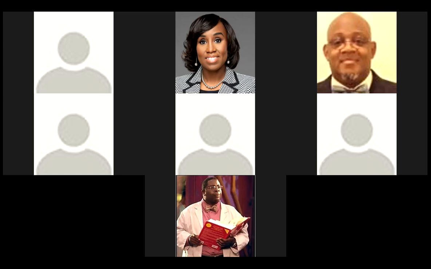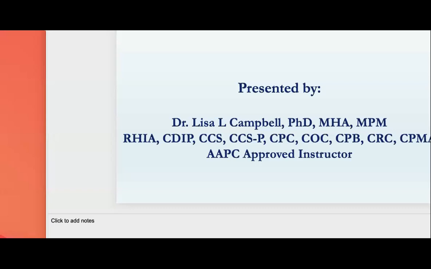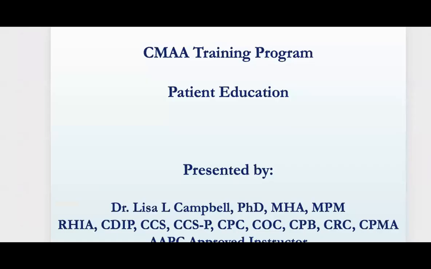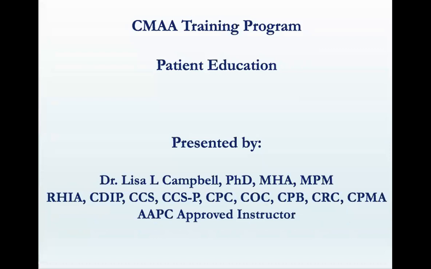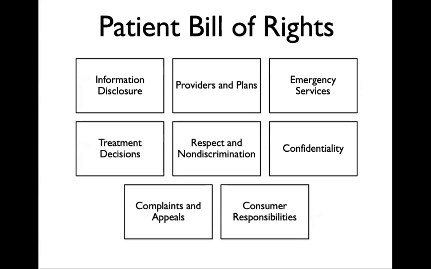And so President Clinton in 1998 came up with ways to ensure that patients are being treated fairly, equitably. And so he created the Patient Bill of Rights. So now this is probably not something that you are going to memorize, but you just need to be familiar with the fact that we have them and why. So when we talk about the Patient Bill of Rights, there are 8 main areas.